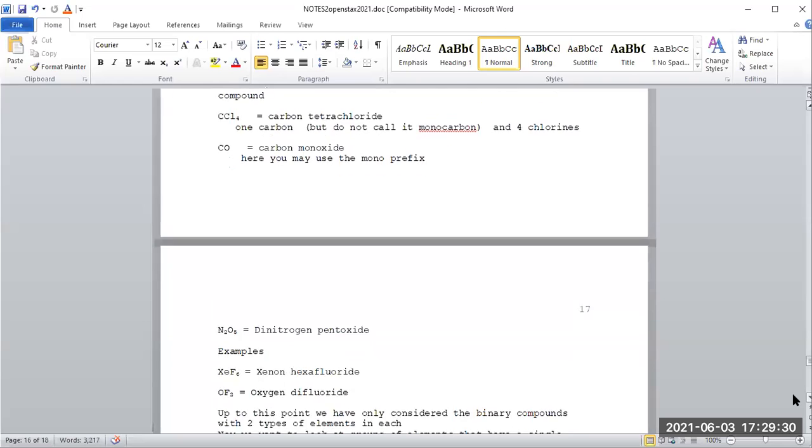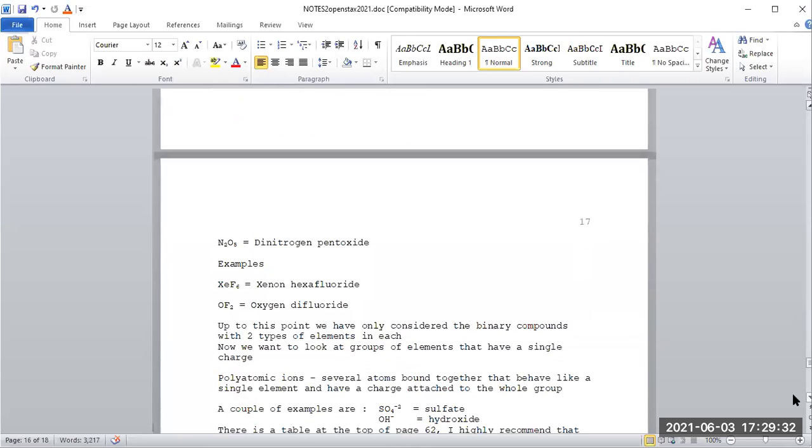And I have a few more that I threw in here. Sometimes you will have multiples of the first element. Then you are allowed to use prefixes. N2O5, dinitrogen pentoxide. Again, they are deleting one of the vowels to make it a little smoother to pronounce, instead of calling it pentaoxide.